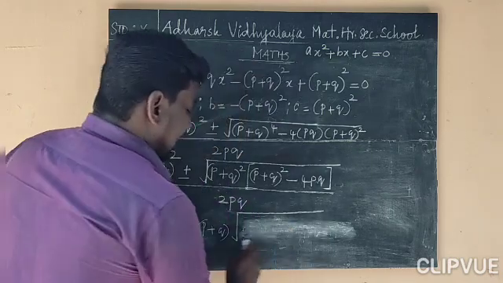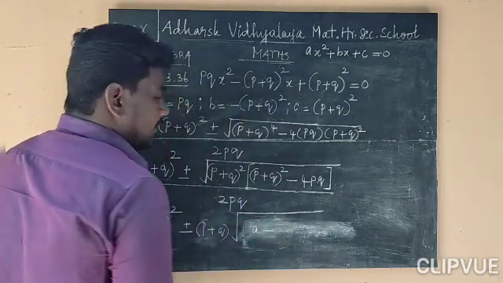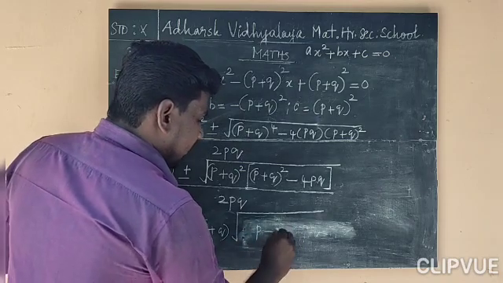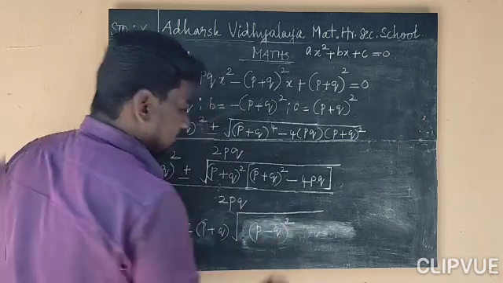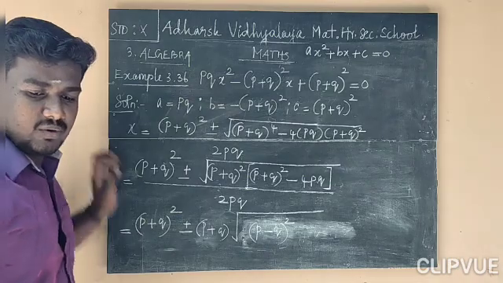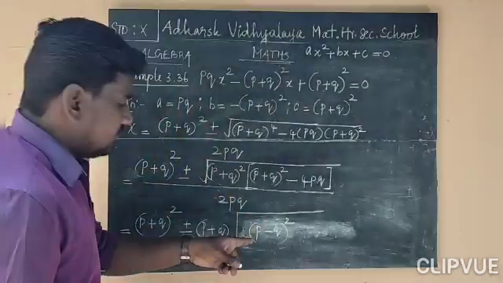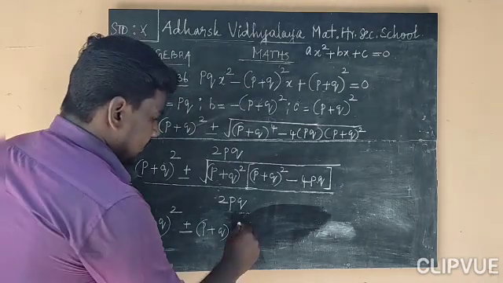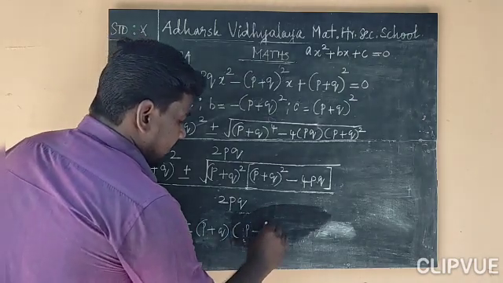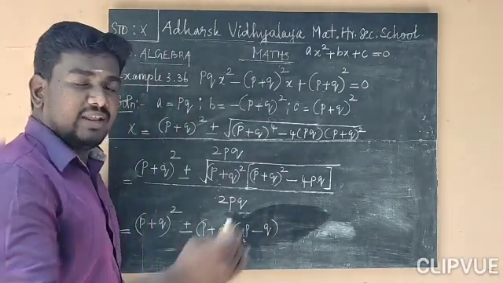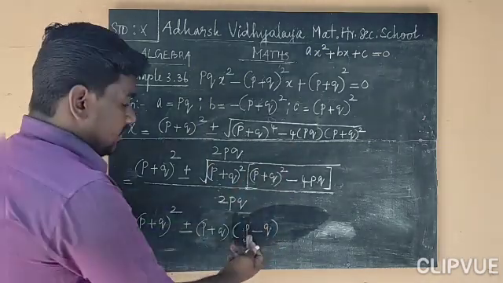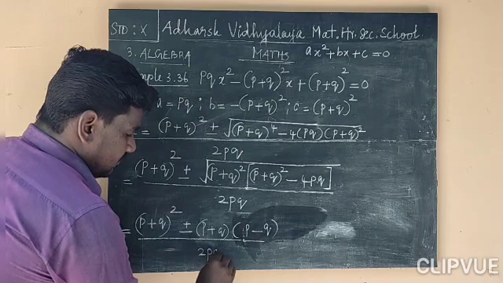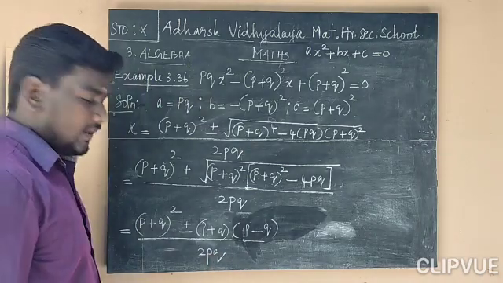So we can write it as (a minus b) whole square. It means (p minus q) whole square. Square root of (p minus q) whole square can be written as p minus q. When you take this from the square root, it becomes (p minus q) divided by 2pq.